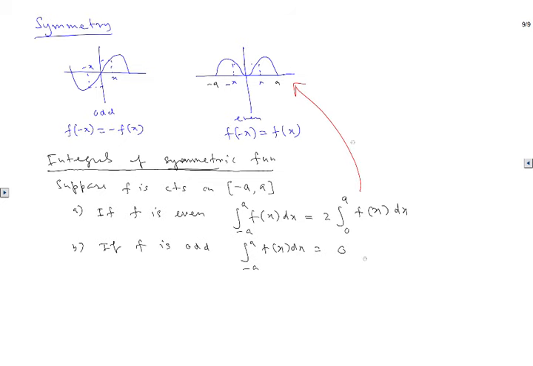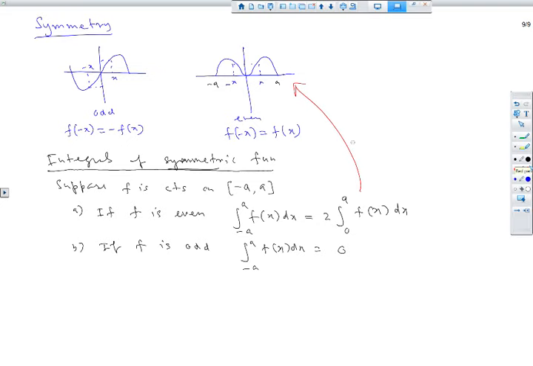Let's just do one example like that, just to figure out what's going to happen. So let's look at this problem. This is the last exercise.